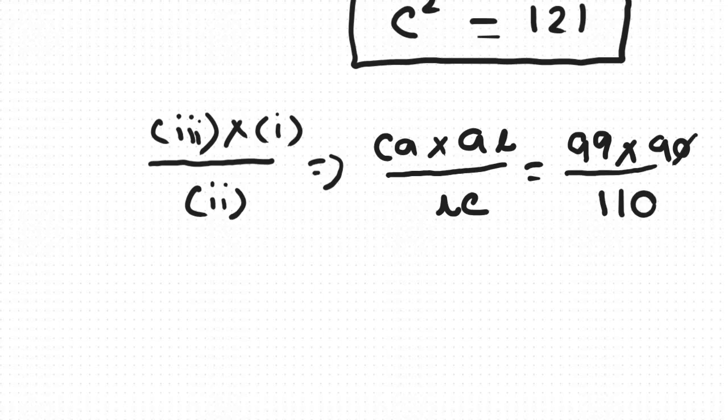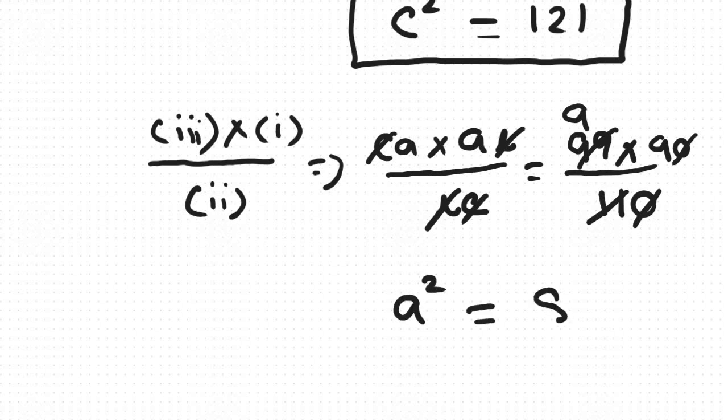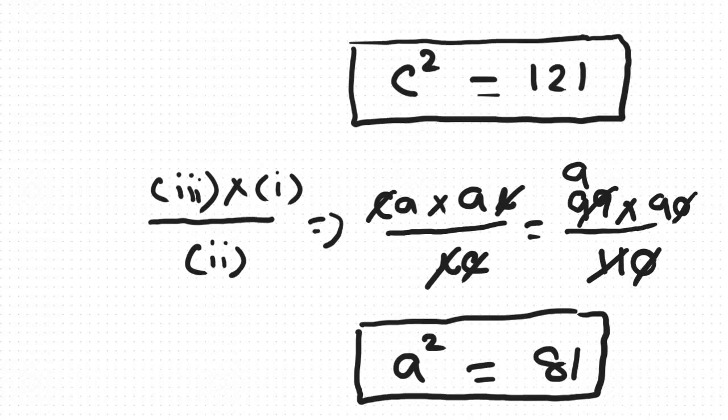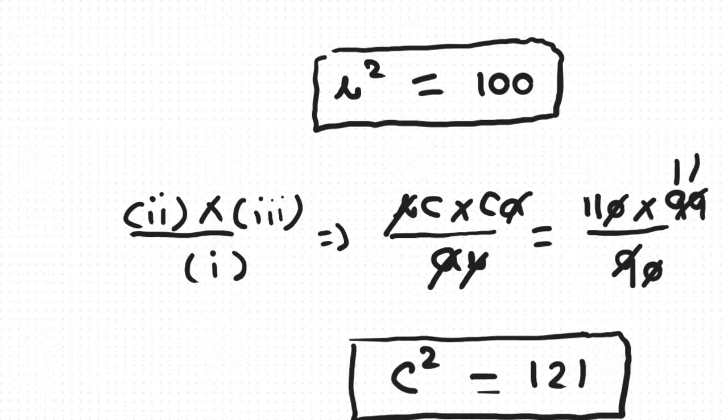We can cancel this 0 and we can divide 99 by 11, which gives us 9, and on the left side we can cancel this B and this C, which gives us A square equals 9 times 9 is 81. So we have got the value of A square, C square and B square.